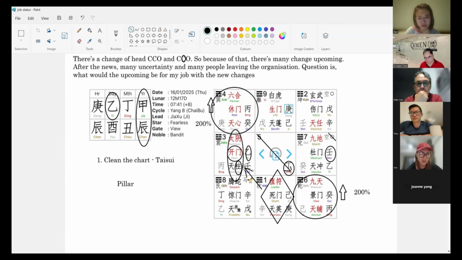So what is happening over here is, at this point of time, based on the structure of the chart, we can say, yes, currently the person is safe at the moment. But we don't know what is going to change. When is this going to change again? Which means that, yes, possibly this is going to be secure, but later on will not be secure. Something will happen that makes it not secure.